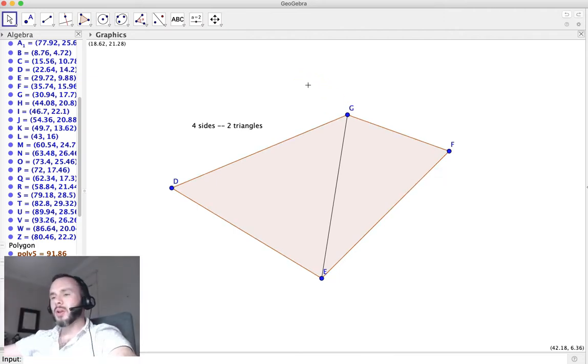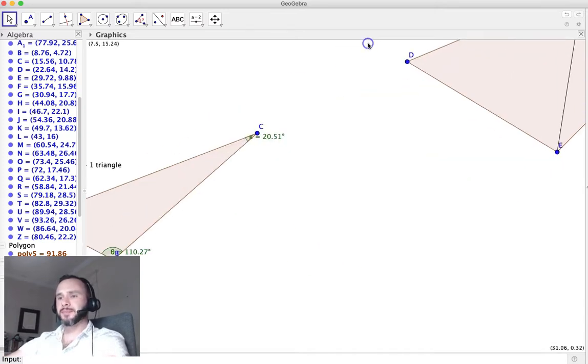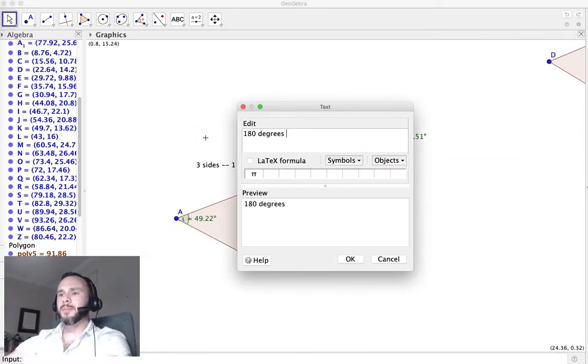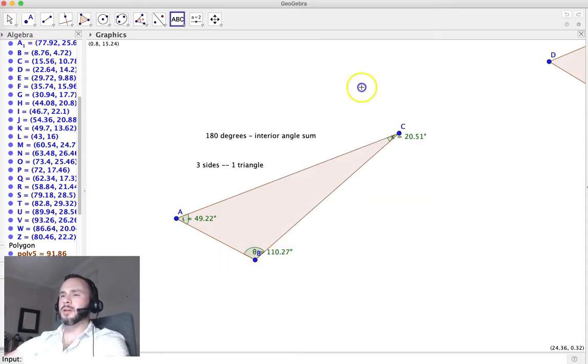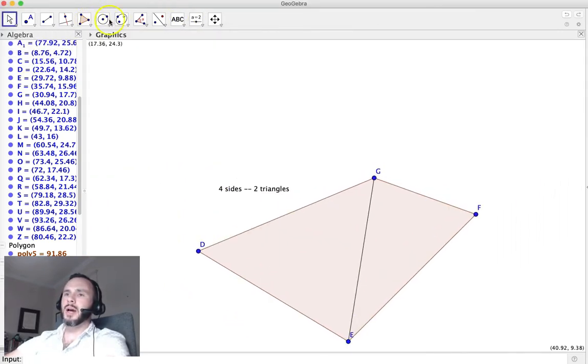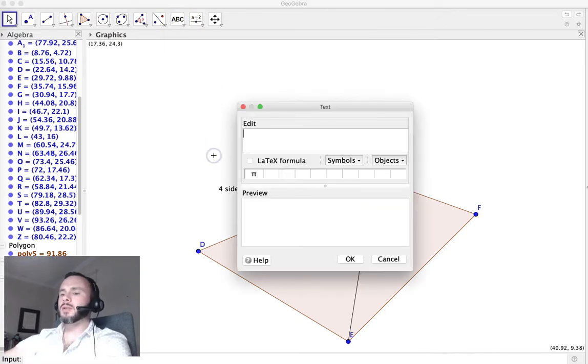So the triangle has 180 degrees total interior angle sum. We'll just call it interior angle sum. Okay, 180 degrees interior angle sum. And now we've got this quadrilateral that has 360 degrees interior angle sum.